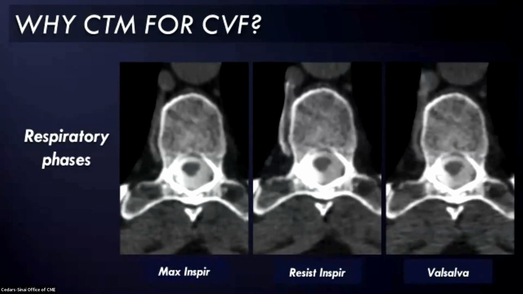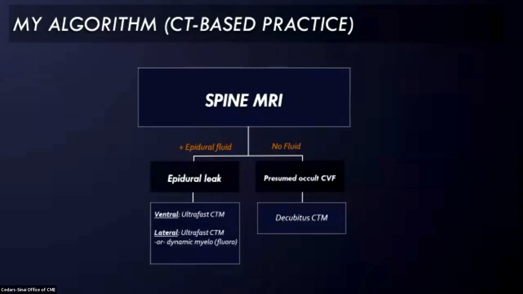This was during Valsalva. And you can see that the appearance of this fistula changes with these respiratory phases. This is something that, if you're doing subtracted images, is very difficult to get. Even if you're doing dynamic CT, it's very difficult to get multiple different phases. So I'm not sure where this will take us, but I think there's some potentially interesting information that we can get from different respiratory phases.